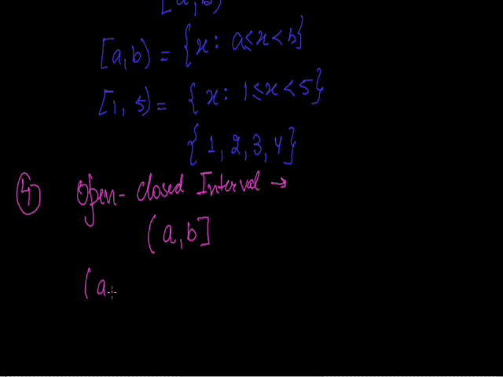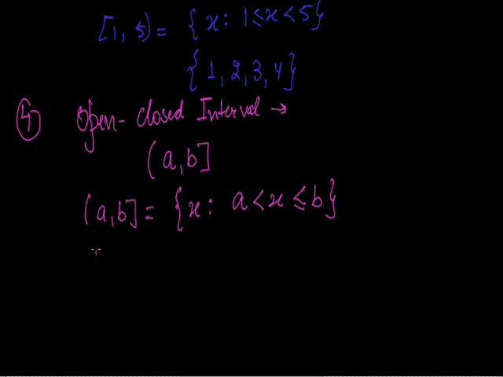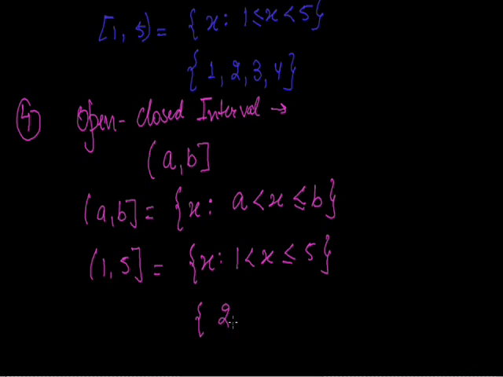If we write (A, B], then x belongs to it, in this A is not included, since A is in the open bracket, but B will be included. So in B we will write the equal sign. Similarly, we take an example (1, 5]. 1 is not included, so x is greater than 1 and less than or equal to 5. When we write it in the roster form, 1 is not included, so we take 2, 3, 4 and 5.